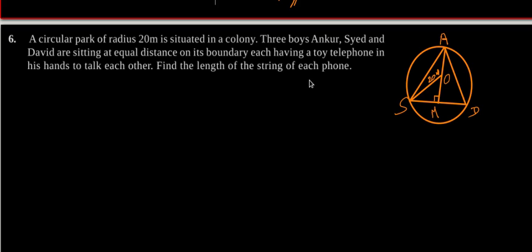Find the length of the string of each phone. These three boys are sitting on the boundary of the circle, so we need to find the string of each phone.